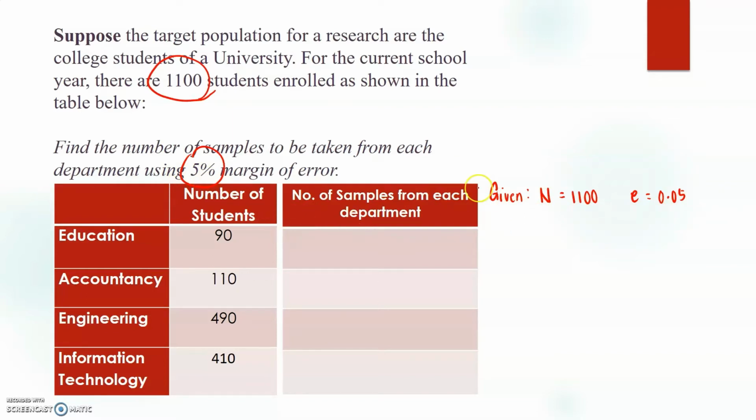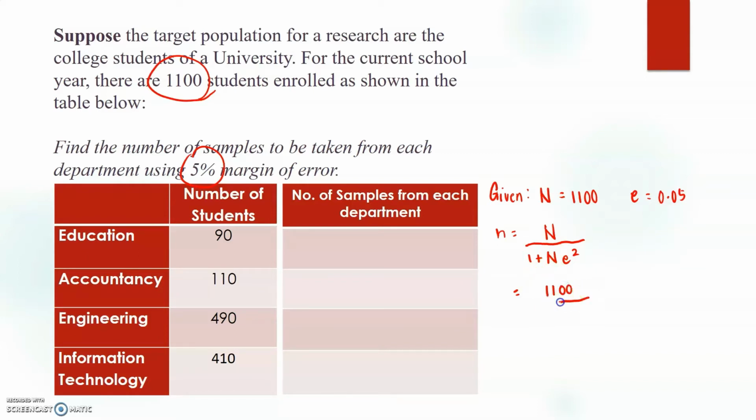Now solving for the number of samples using Slovin's formula, we have n is equal to big letter N over 1 plus big letter N times E squared.